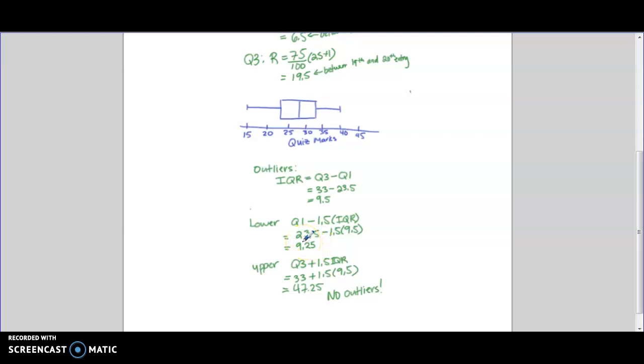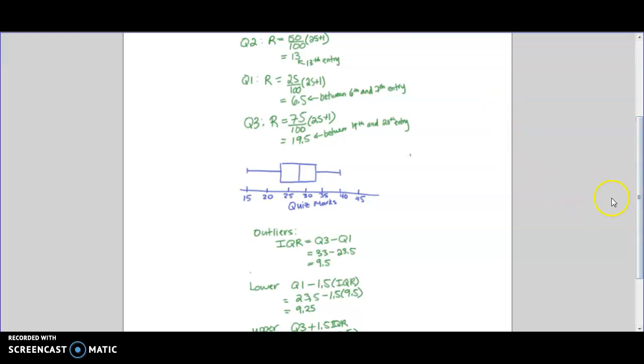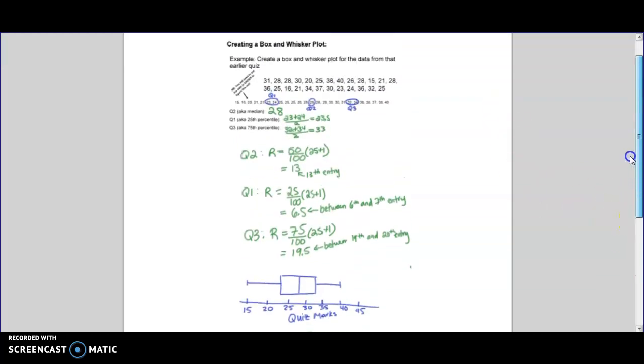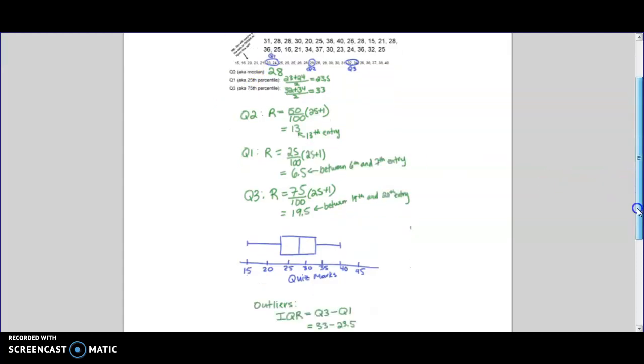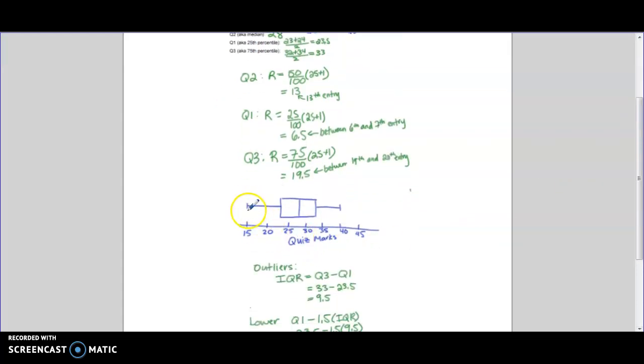Any values that are lower than 9.25, we can now say are outliers. So we can go back up to the data itself and take a look there, and we can see the lowest value is 15, so no outliers. Or we could look right here at our box and whisker plot, which shows the lowest value of 15. And again, nothing is lower than 9.25, so no outliers on the low end.